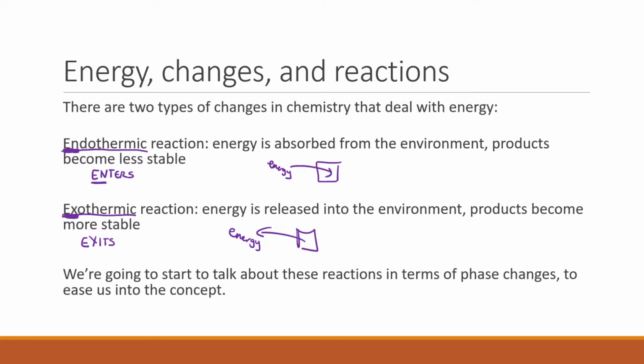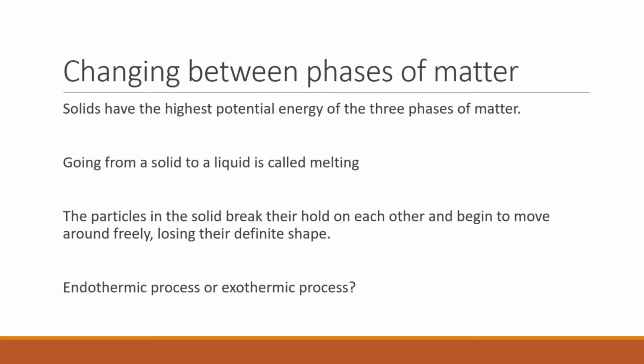And so what we're going to do is we're going to look at each phase change and talk about whether or not it is an endo or exothermic process, an endo or an exothermic change. So let's start with changing between a solid and a liquid. If we go from a solid to a liquid, we know what that is.